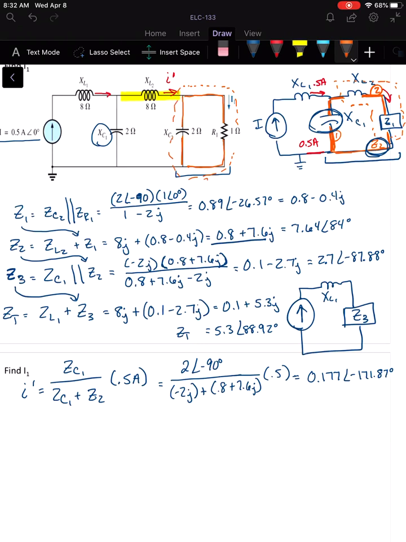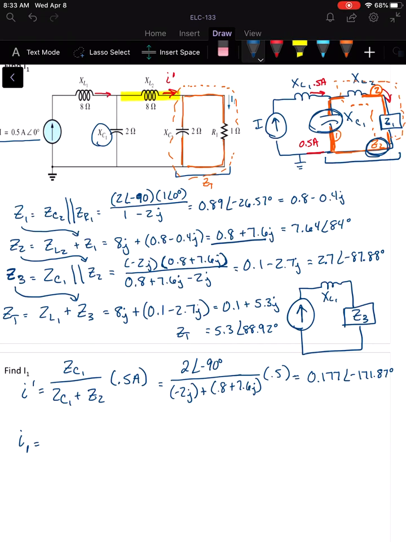So the total impedance of the current divider is the parallel impedance of the capacitor and R1, and the current coming in would of course be I prime up here. And so I'm going to use the current divider rule again. Let's call that actually I1 because that's what we're looking for.